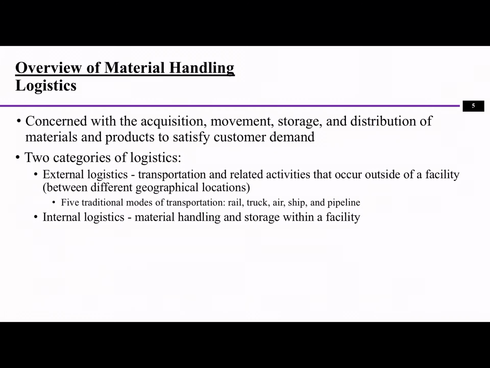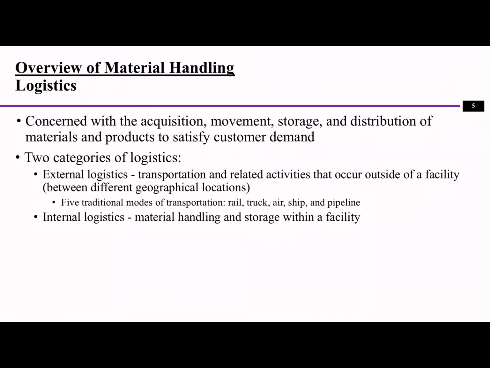And so when we talk about logistics in production companies, we're really talking about two different categories of logistics. One is external logistics, which is after the products come out of the facility, then they will be delivered to the customers or the dealers or the distributors.